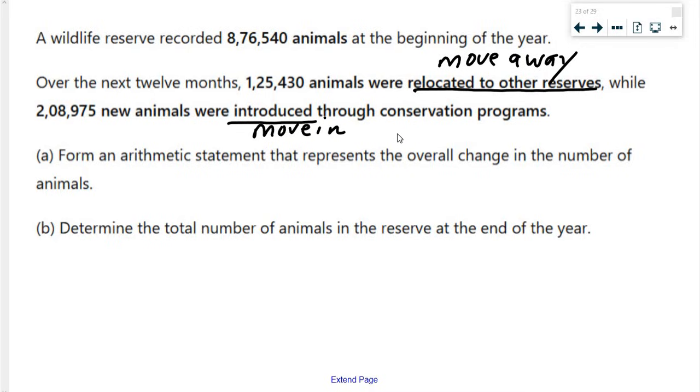through conservation programs. Now the question is, we have the number of animals moving away and the number of animals moving in. Can you form an arithmetic statement that represents the overall change in the number of animals? So A, form an arithmetic statement.